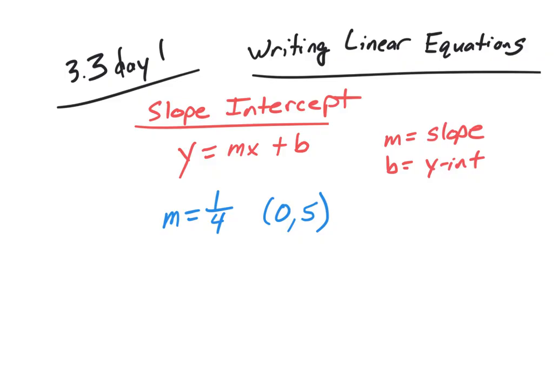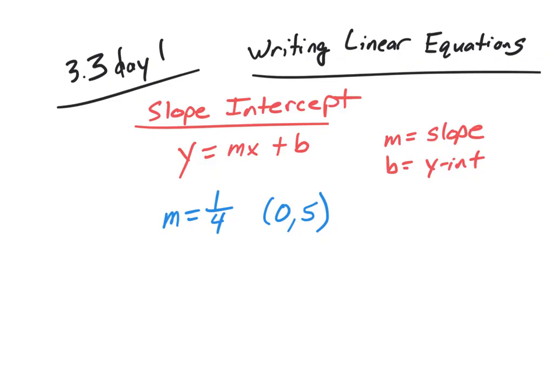Now the part that makes this maybe not necessarily difficult is that they don't just come right out and say, here's my y-intercept, right? But where is the point (0, 5) if I were to graph it? 5 up on the y-axis, right? And the y-intercept is just that. It's the point that's on the y-axis. When you have a line, there's only one point that will fall on the y-axis.